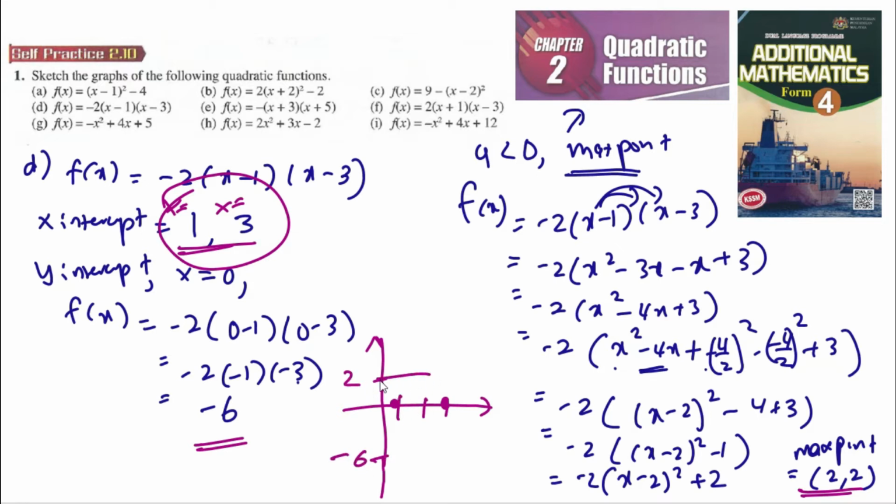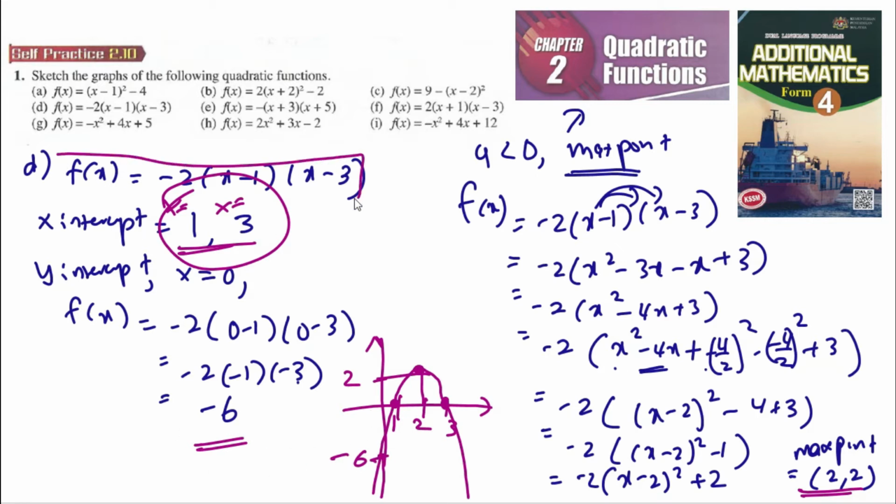So here we see this one is the maximum point of (2, 2). This is 1, this is 3, and this is the y-intercept. So we just connect here and here. So this is basically the graph of this function.